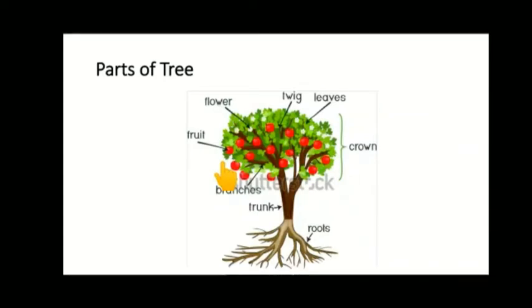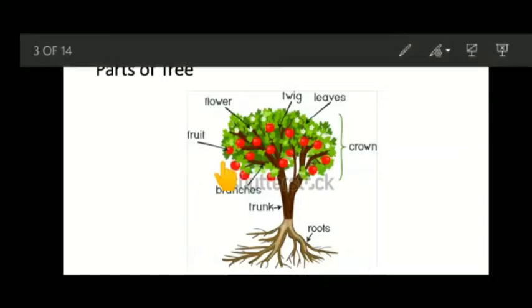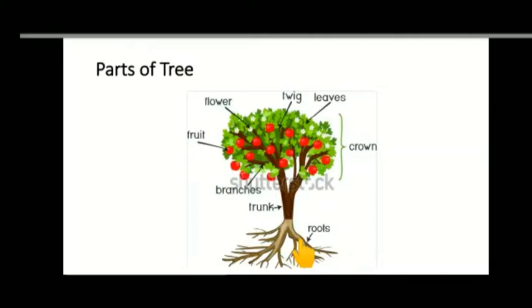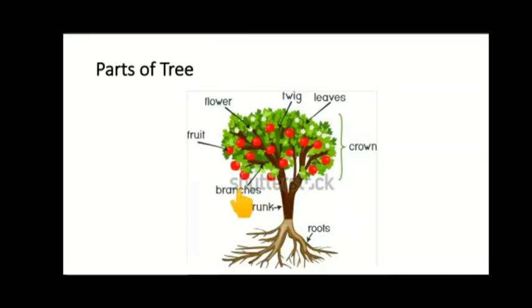You know, roots are always below the ground, under the ground, means the soil. Roots. This is the trunk. Branches. Fruit. Flower. Leaves. And twig. Twig means small parts of the branch are called twigs.